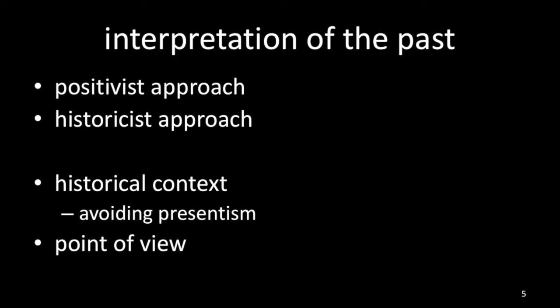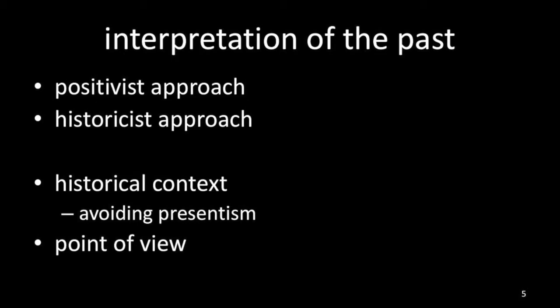So, in that sense, we're interpreting the past reflexively, taking ourselves into account, our biases, our prejudices, our leanings, the things that we don't see as much as we can, as well as historical context, into account when we make our interpretations.